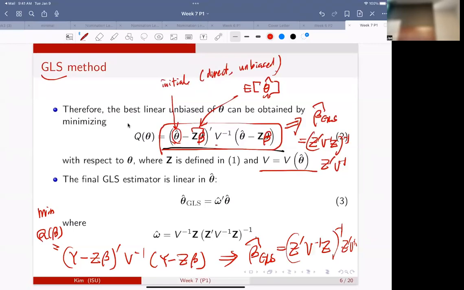So that's exactly this one. You can call it Y or you can call it zeta hat.